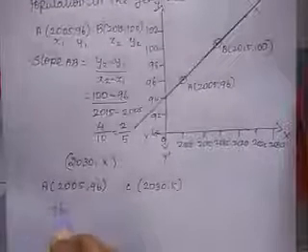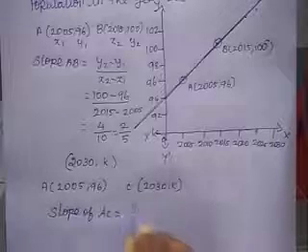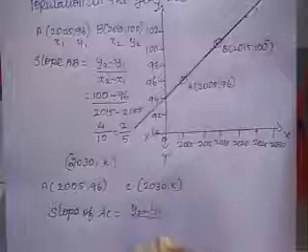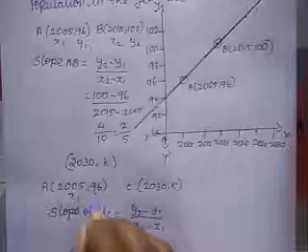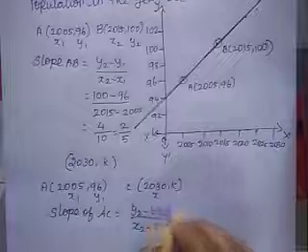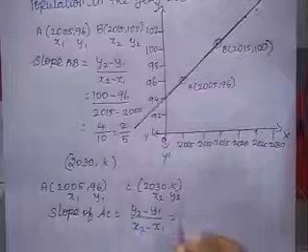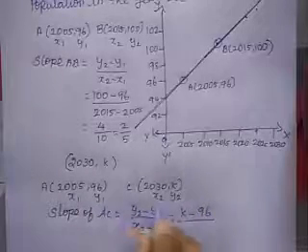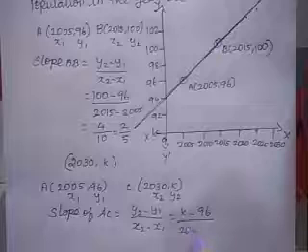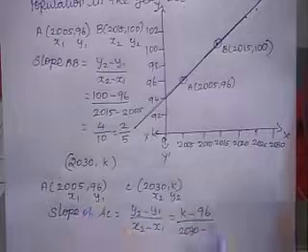So slope of AC is equal to (y2 minus y1) by (x2 minus x1). This is x1, y1, x2, y2. Substitute the formula: y2 is K, y1 is 96, by x2 is 2030 minus x1 is 2005.